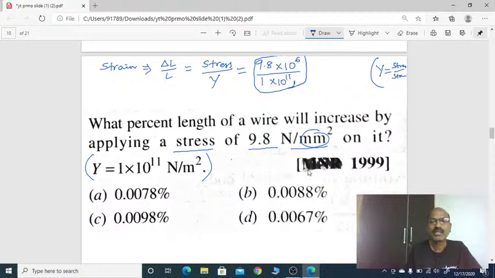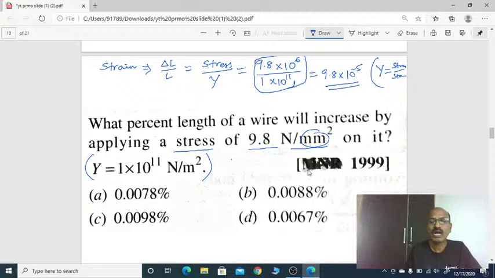Divide now. This equals 9.8 by 1, 9.8 into 10 power 11, bring it up. 6 minus 11, you will get 10 power minus 5. So 9.8 divided by 10 power 5 is the strain, you got it.